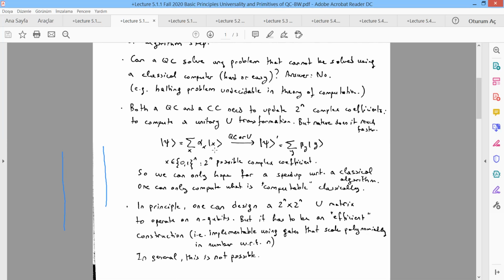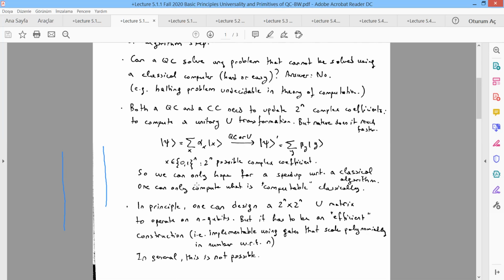Another aspect is, in principle, one can design a 2 to the n by 2 to the n unitary matrix to operate on n qubits. I mean, these operations or algorithms, right? They are actually 2 to the n by 2 to the n unitary matrices on these quantum states.